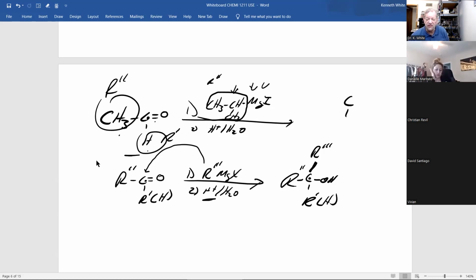Draw it. What's attached to it? R prime, R double prime, hydroxyl group. What's my R triple prime, isopropyl?